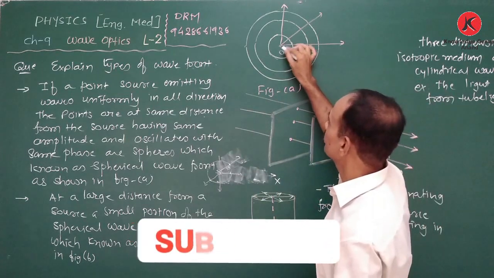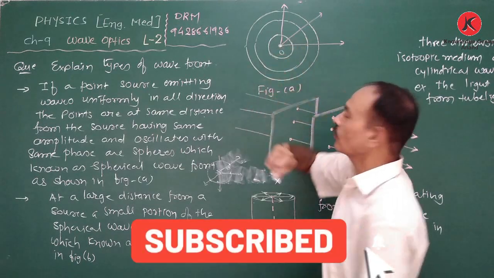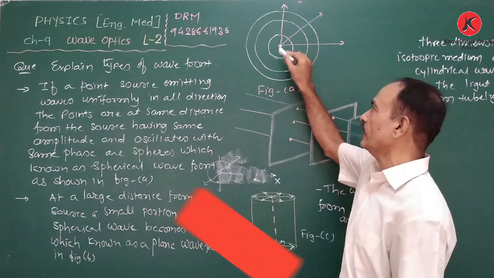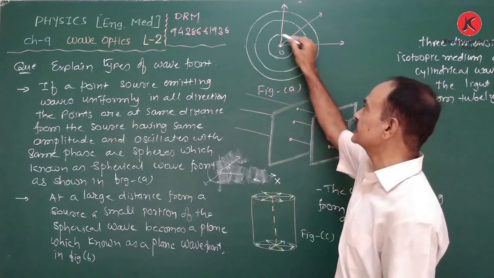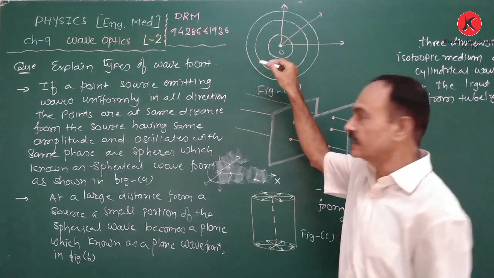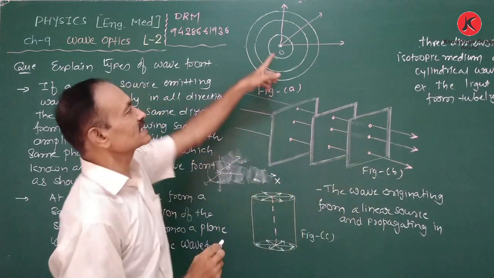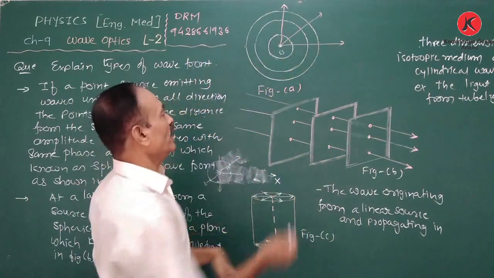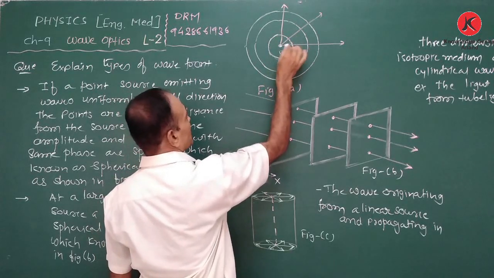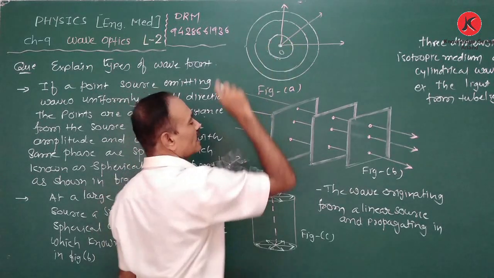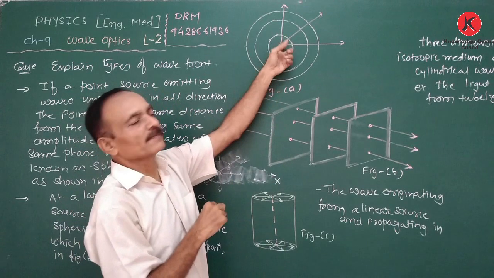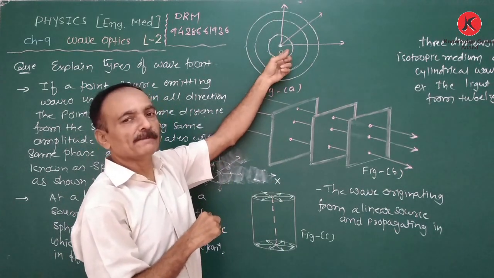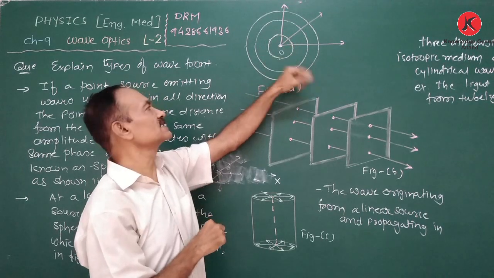Now, what is the origin of the wave? Due to the oscillation of point O, circular rings are generated, which means spherical waves are produced. We consider the points lying in all directions at the same distance from the source, oscillating with the same amplitude and same phase.